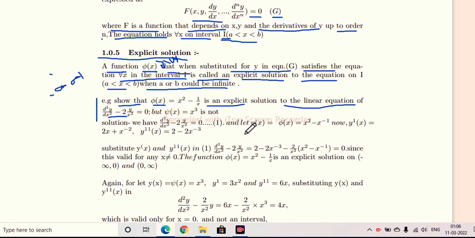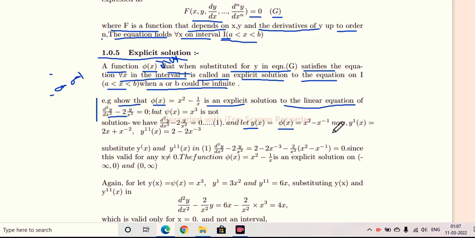And let y(x) equal to phi(x), so we write it in terms of y. This is for understanding: x square minus x to the power minus 1.